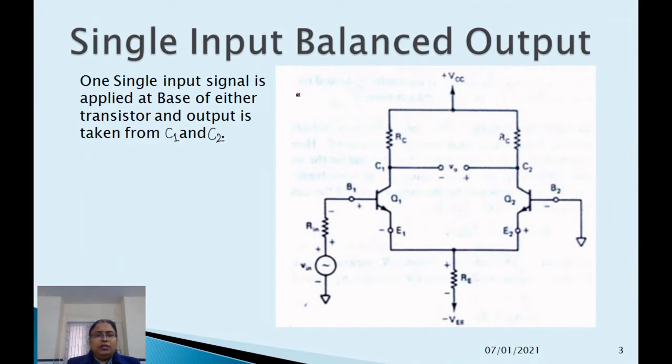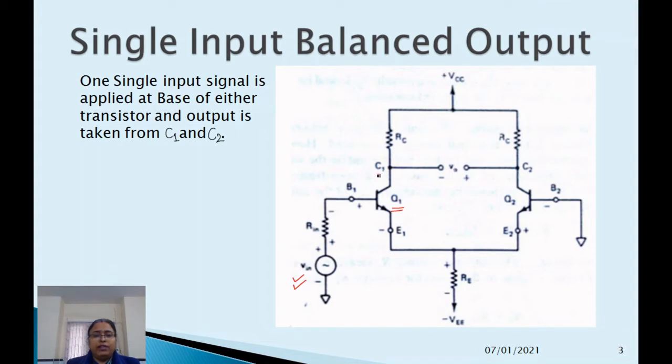As you can see, this is the circuit diagram of single input balanced output differential amplifier. Single input means only one single input is applied at the base of a single transistor. It can be applied at the base of either Q1 or Q2, but the input will be single, not at both the bases of the transistors. But the output is taken in a balanced way.